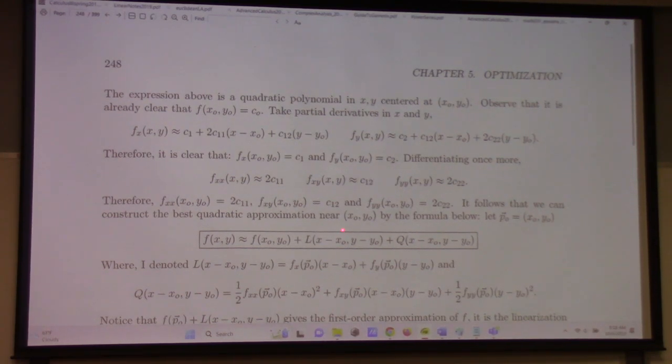Now the linearization we talked about before is just this right down here. Sometimes I've thrown the f of x naught, y naught into the linearization, so my definition might be at odds with my earlier definition of big L. But anyway, that's nothing more than the gradient right here. So I think I have a better formula for us to look at.